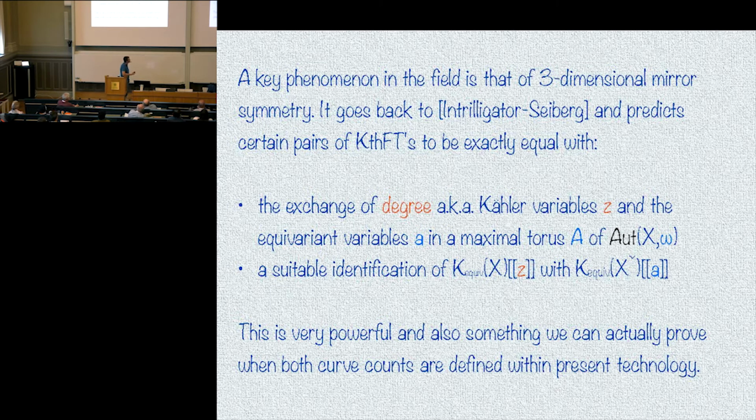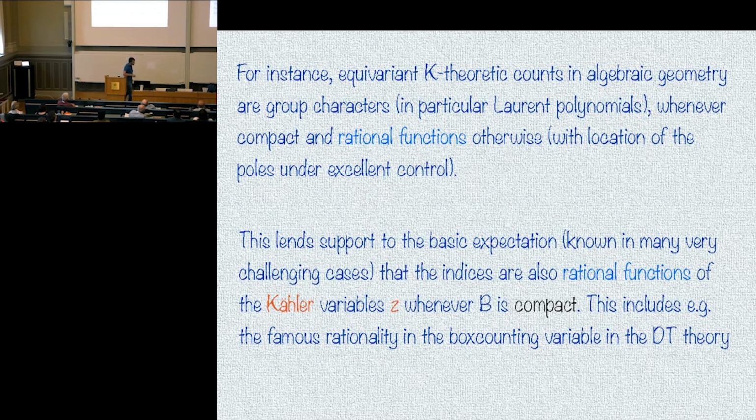And this is extremely powerful, and it is something which Mina and I can actually prove in the situation when both counts can be defined. With current technology in algebraic geometry, you can define this count only in a limited number of cases, but when it can be defined, then we can actually prove this equality. So for instance, if I compute any covariant count in algebraic geometry, what is it?